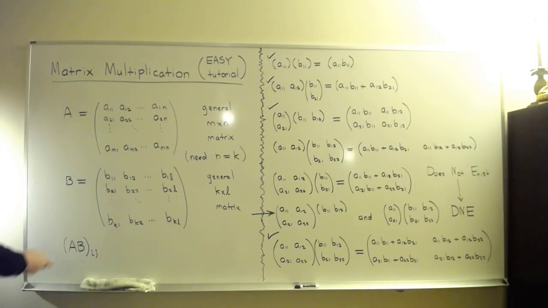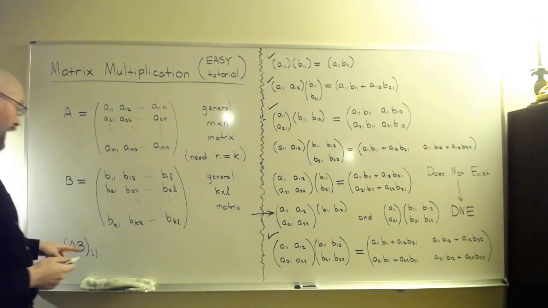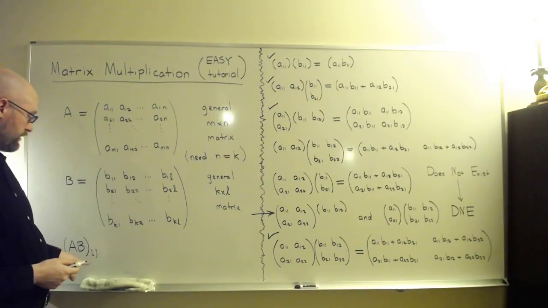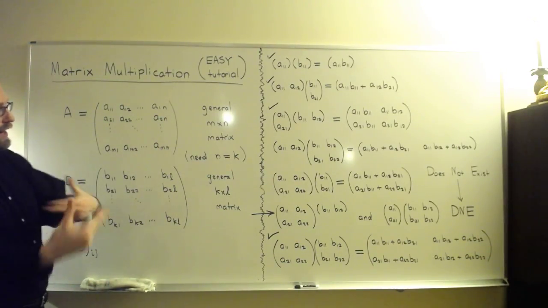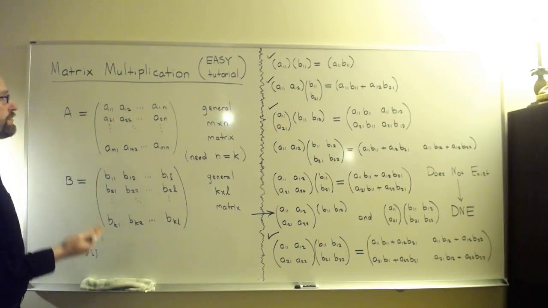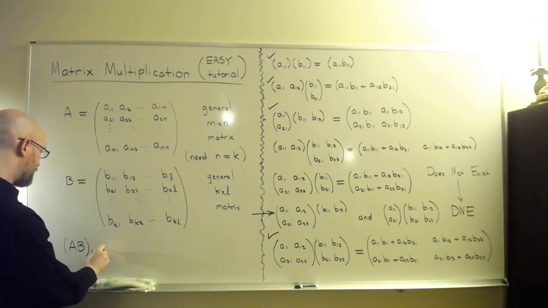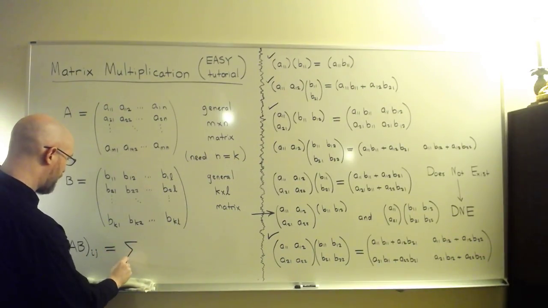So what does this mean? It means I multiply the matrices together, and then I look at the entry in row number I, column number J of the product matrix, and I ask, what is that in terms of the entries in these matrices here? And it's given by this summation formula, and this is the part that you probably aren't going to like very much.